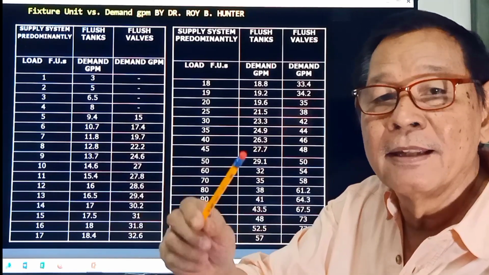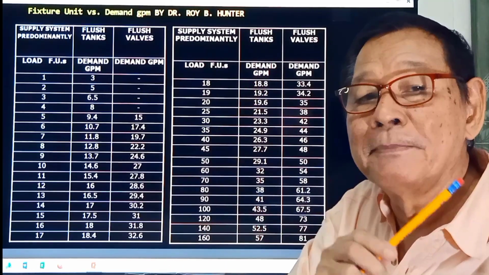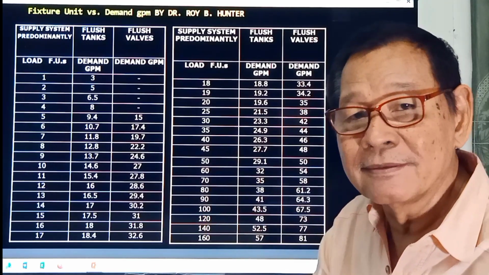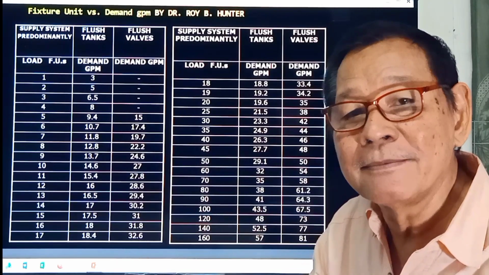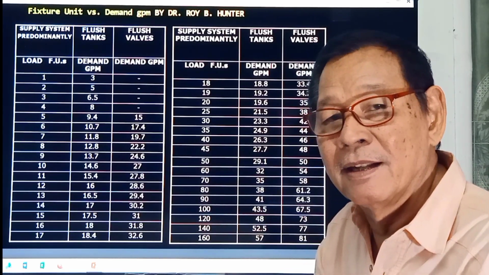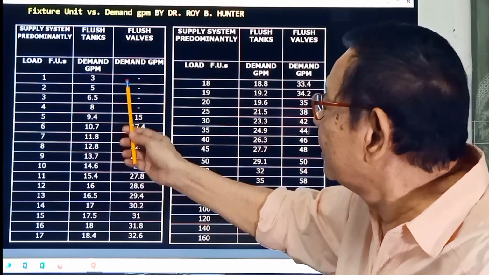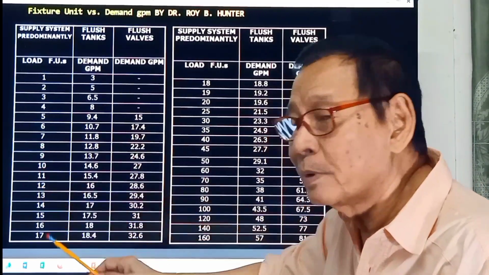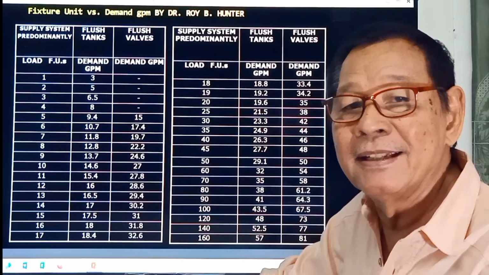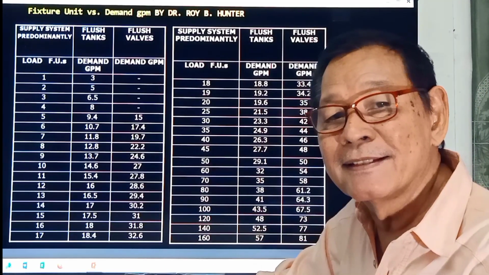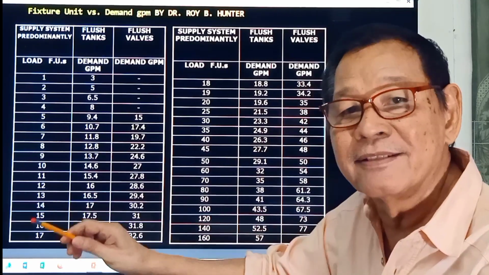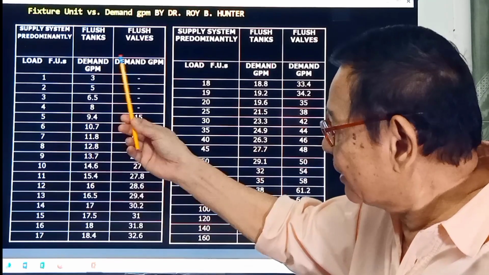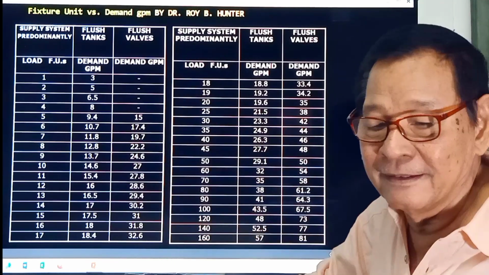So he first applied 5 gallons per minute per water closet. It's not 7.5. So the loading that we will have in terms of fixtures unit is dependent on the probability of how many appliances or fixtures are discharging to that horizontal drain. Okay, this is the basis of our loading.